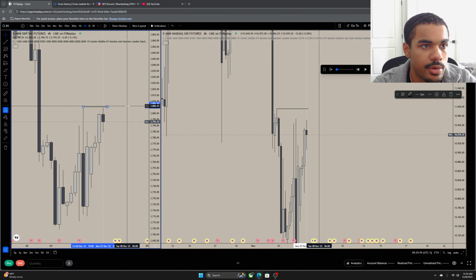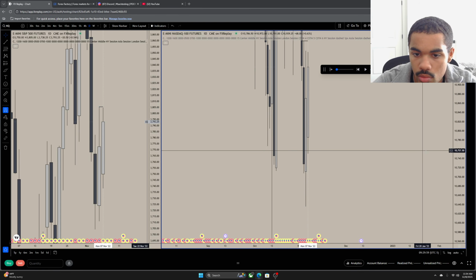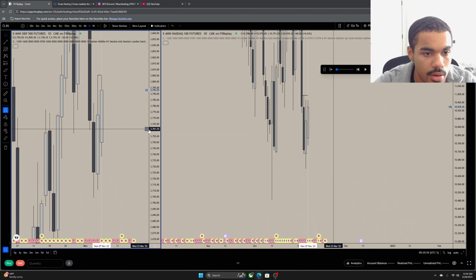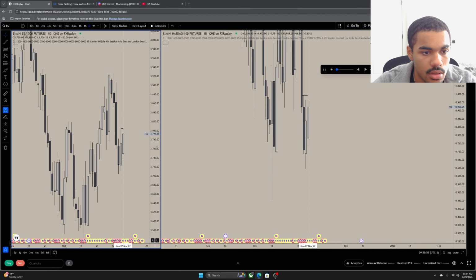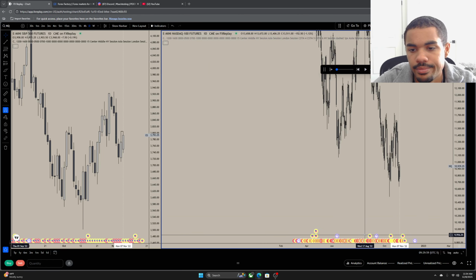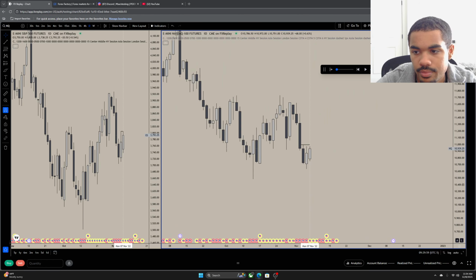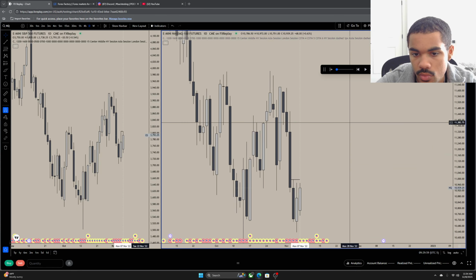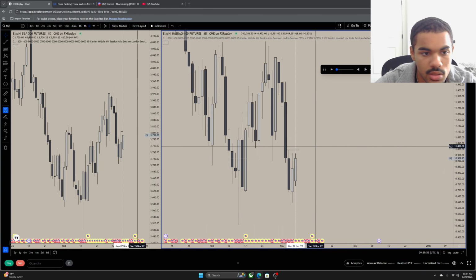Just looking at this overall structure, I'll see what this low is, what's distributing higher. Overall, I like this unfilled daily.